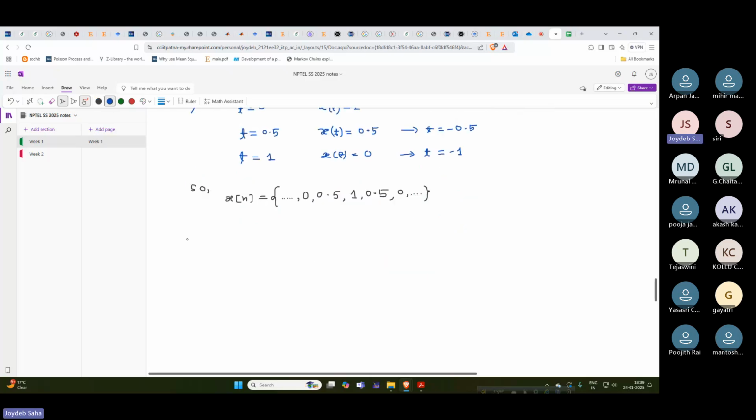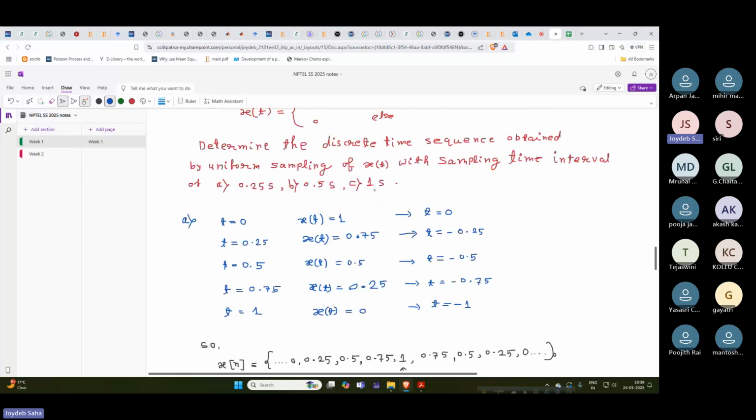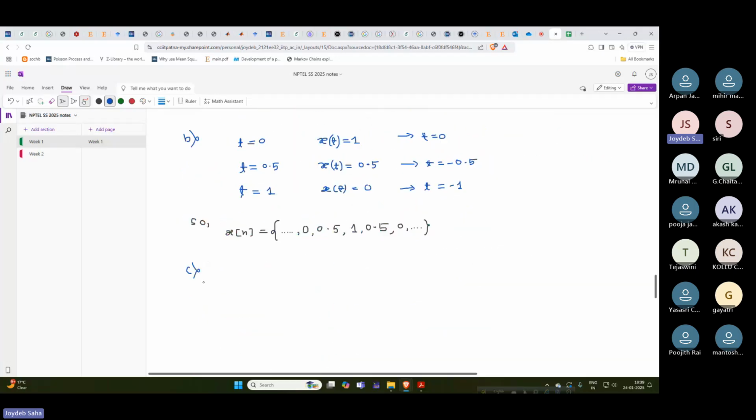Now solve the question 6, question C. Okay, C is if sampling time is 1 second, then for t is equal to 0, x of t is 1. Okay, this was the initial point for t is equal to 0.